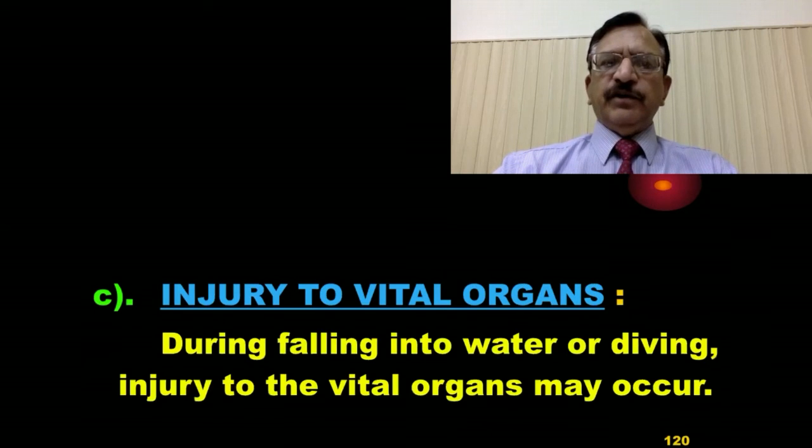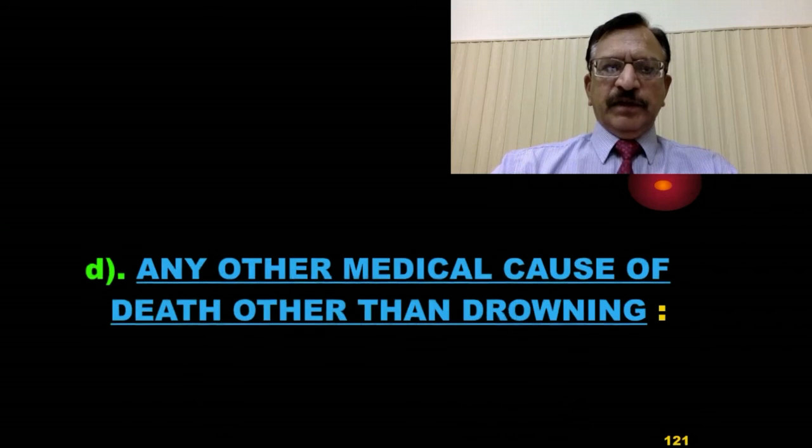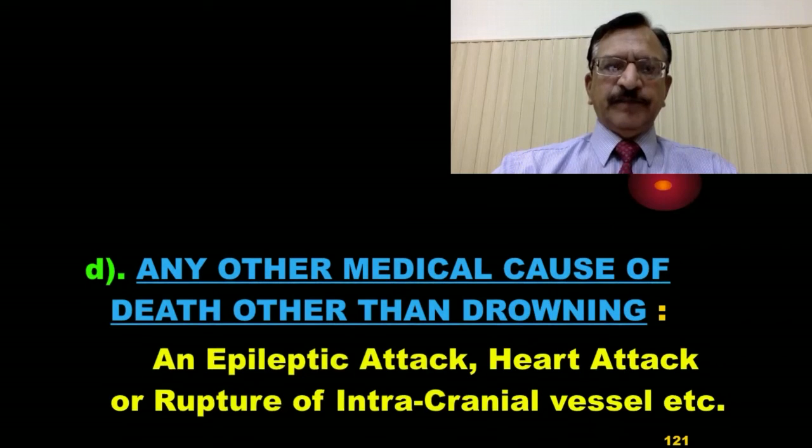Then injury to the vital organs during falling into the water or diving may occur, and that can cause death. Then any other medical causes of death, where the person becomes unconscious before falling into the water. So other medical causes can be the cause of death other than drowning, for example, an epileptic attack, heart attack, or rupture of an intracranial vessel, which can occur before the person even falls into the water.